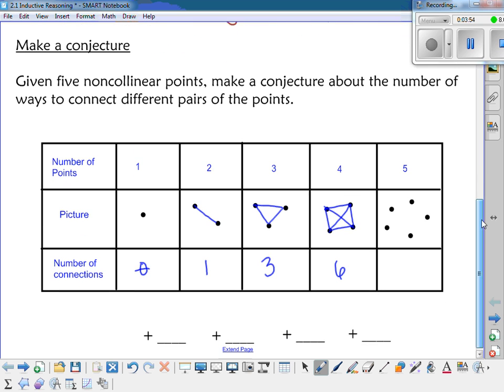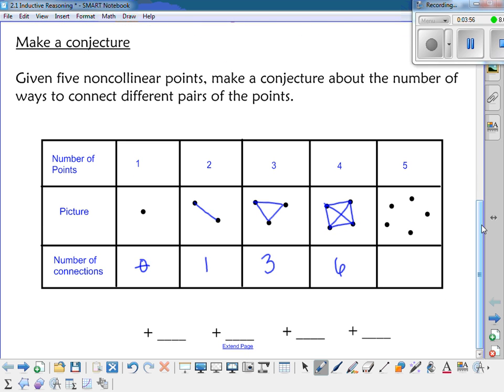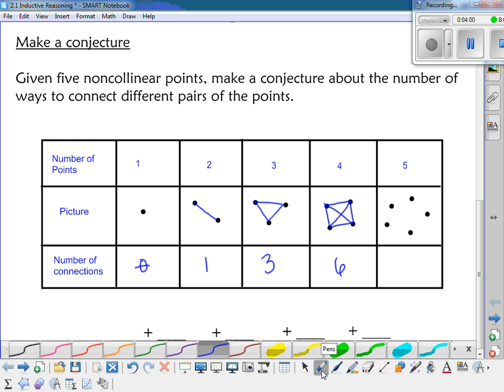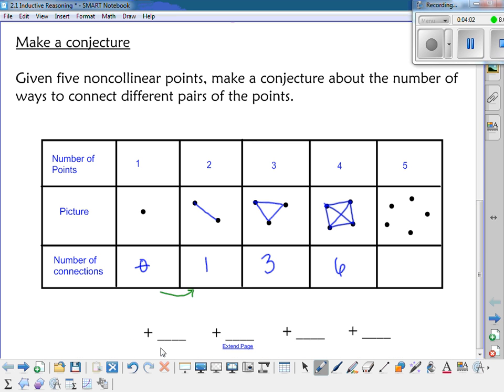So before we go on to 5, let's take a look at what's happening here. When I went from 0 to 1, what did I do? I added 1. When I went from 1 to 3, I added 2. When I went from 3 to 6, I added 3.